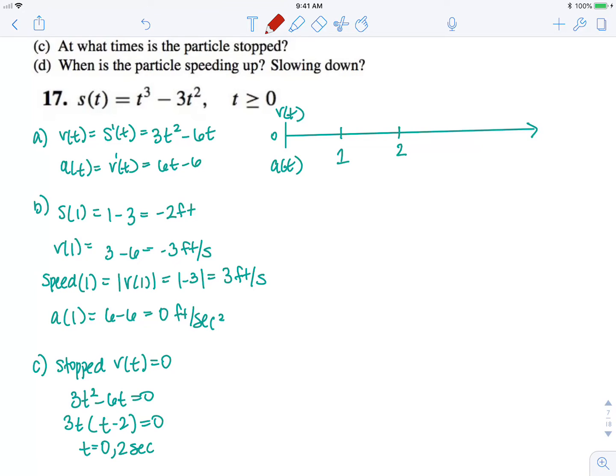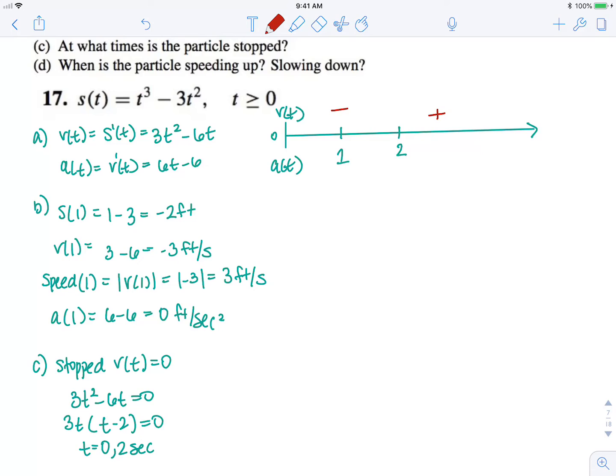So let's say I plug in a number less than 2. Let's plug in 1 for velocity, and I'll get 3 minus 6, which is negative. And if I plug in a number greater than 2 for velocity, I'll get a positive.